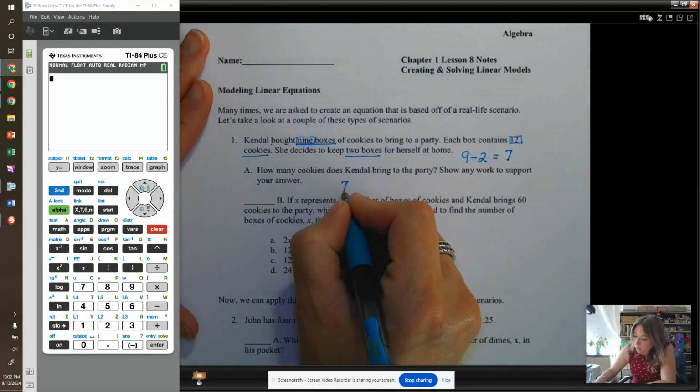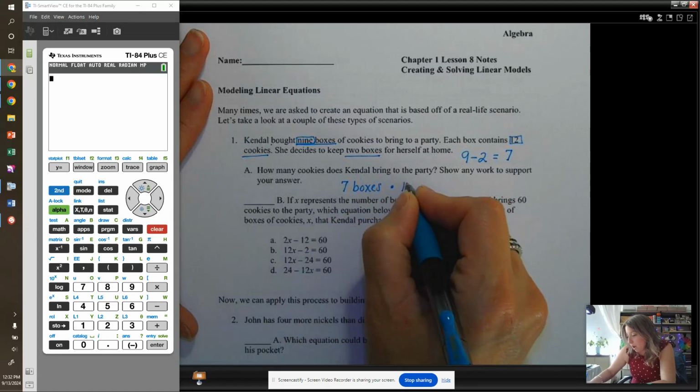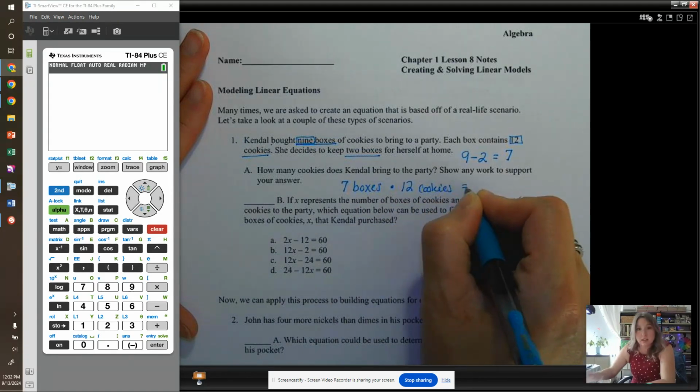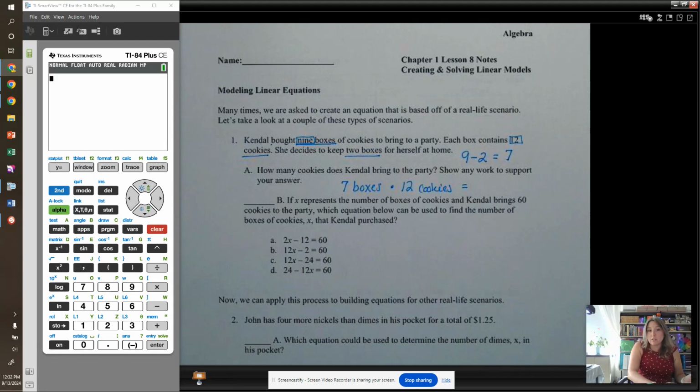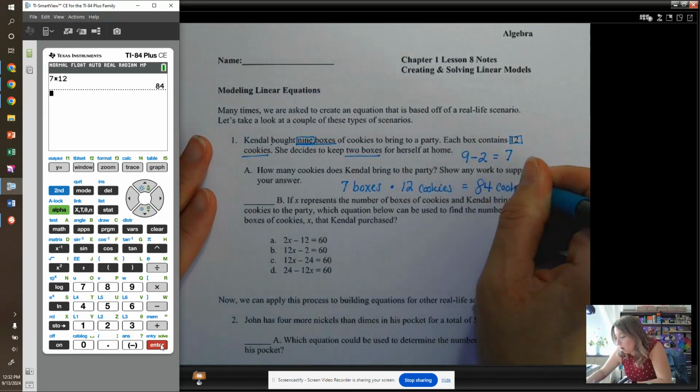So 7 boxes times 12 cookies per box is going to equal whatever 7 times 12 is. Should you not know the answer, 84 cookies are coming to that party.